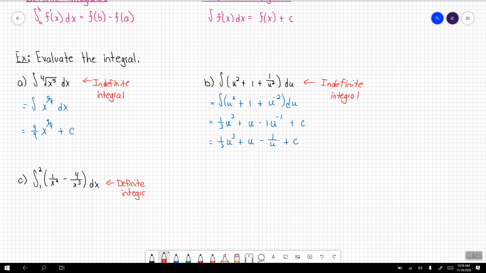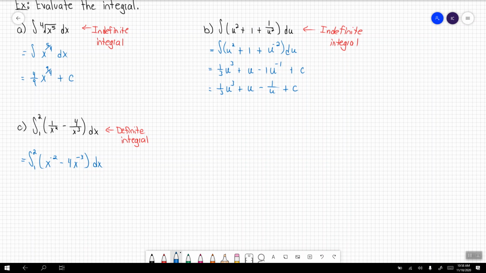And because I have this definite integral, I need to evaluate the antiderivative at the given bounds. So first, I need to find the antiderivative, but the function is not in the form that I would prefer to find an antiderivative for, which I will now rewrite as x to the power of negative 2 minus 4 times x to the power of negative 3 with respect to dx. Find the antiderivative here.